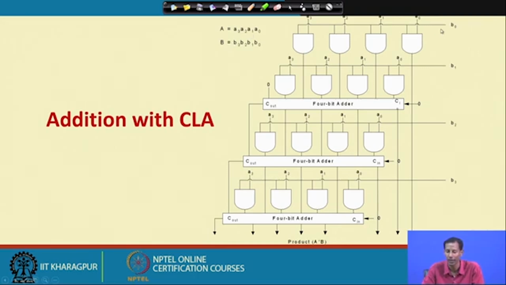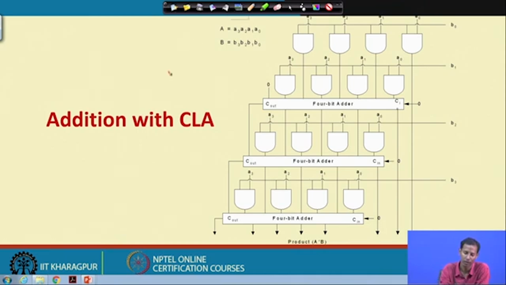Okay. At the very beginning, what is happening? I am having 4 AND gates over here.